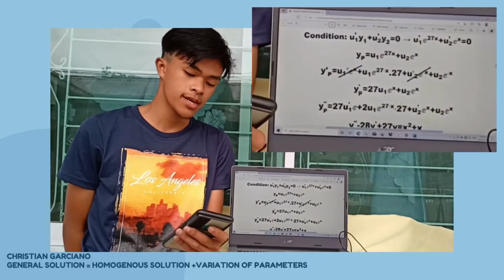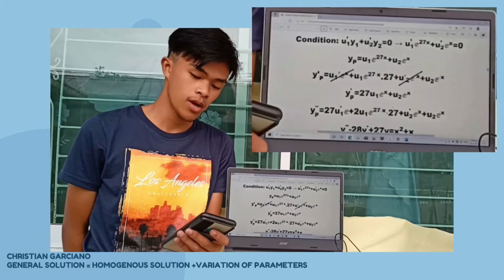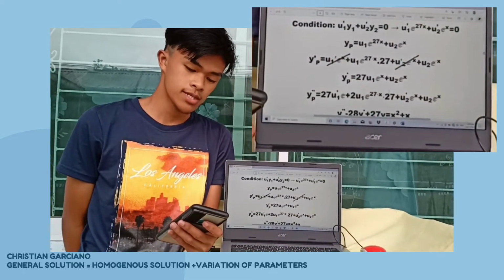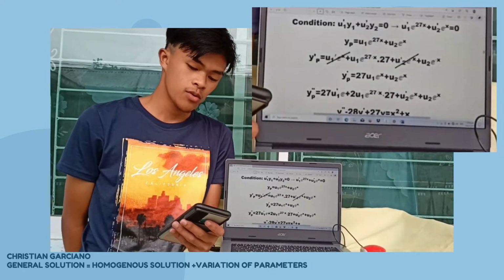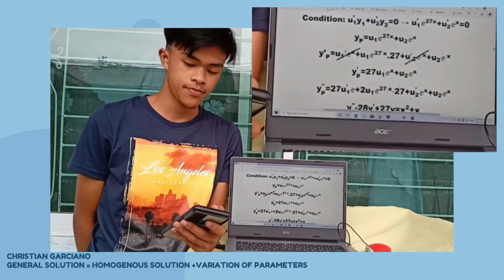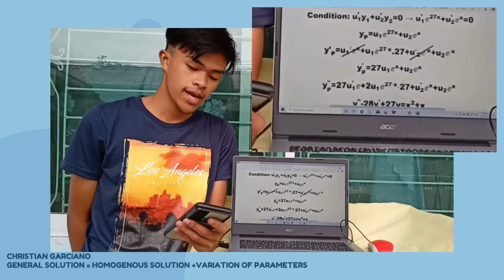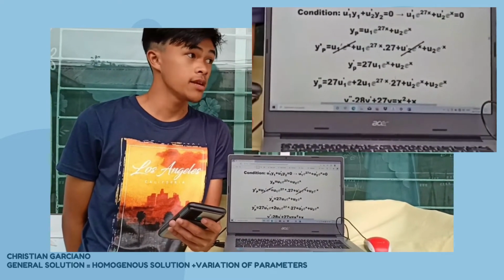So the u1 here is the c1 and the y1 is e^27x, and the u2 is c2 while the y2 is e^x. So we are going to find the u1 and u2.